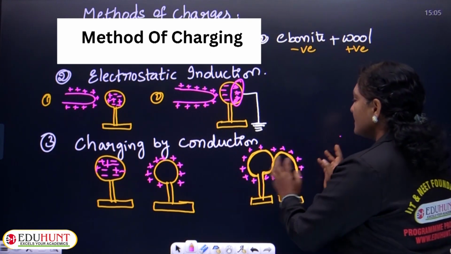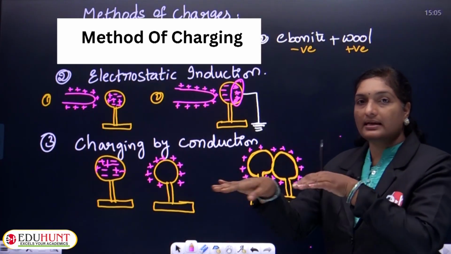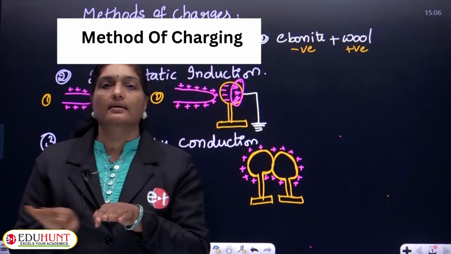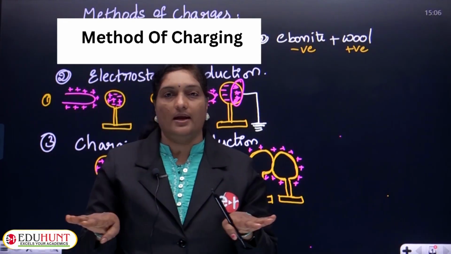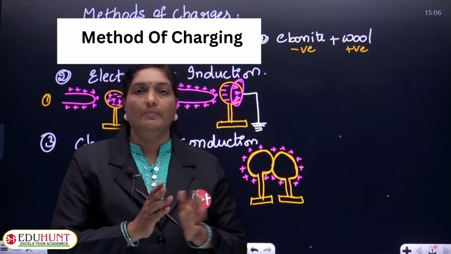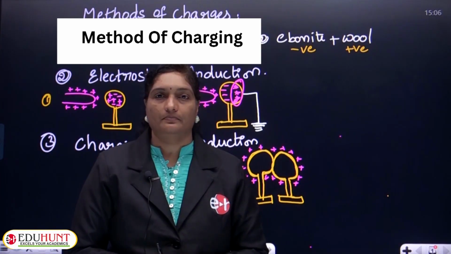The charge will transfer from the charged body to the uncharged body until their potential becomes equal, until they are maintained at the same potential. That means the charge on both the conductors will become equal. The charge continuously keeps flowing.